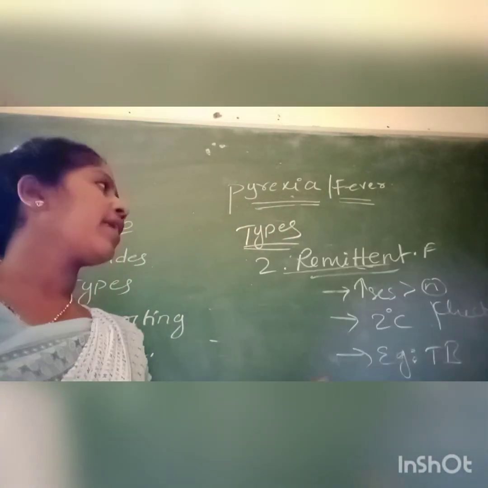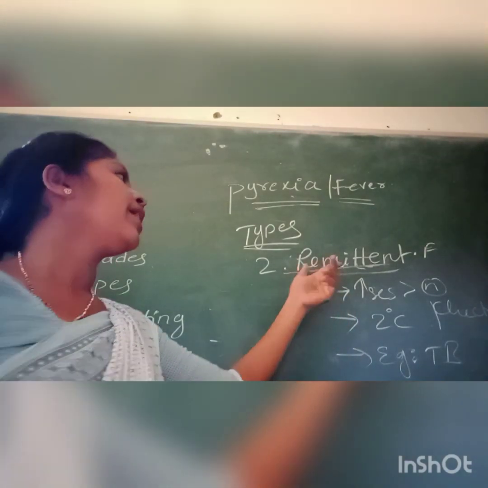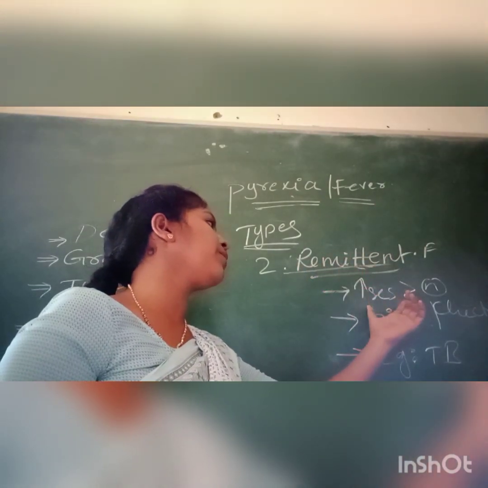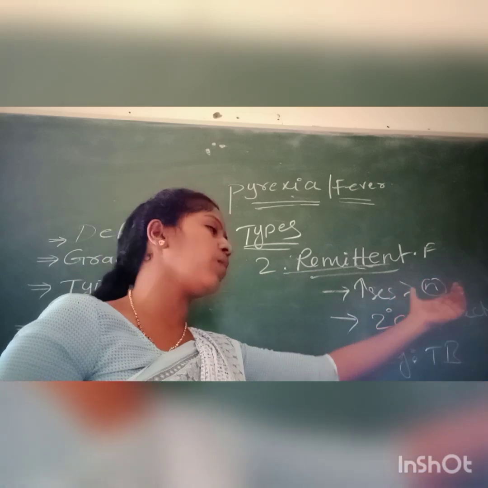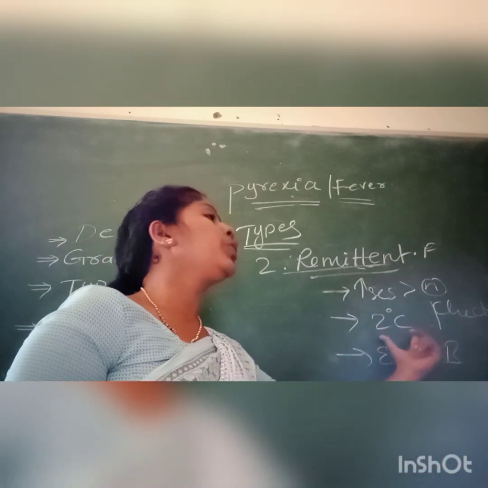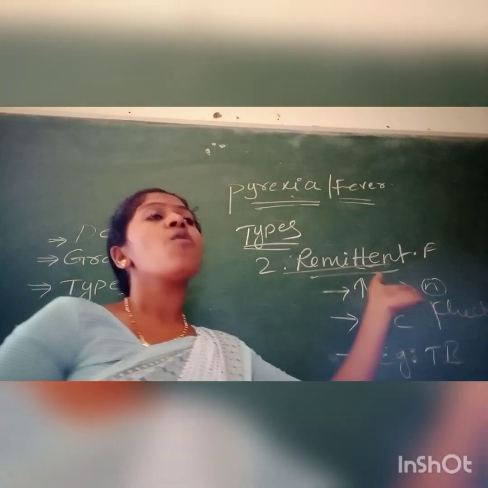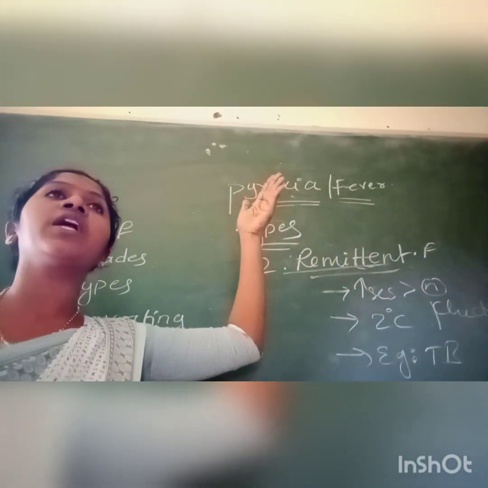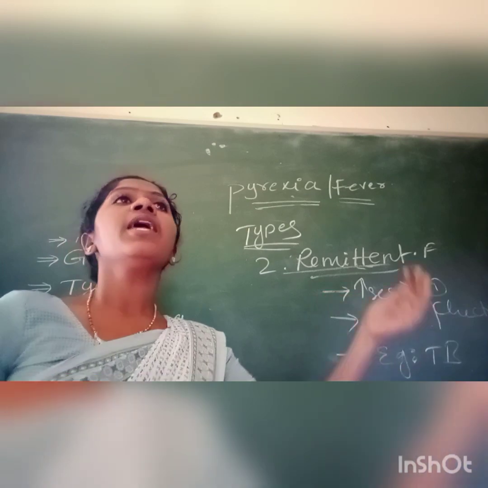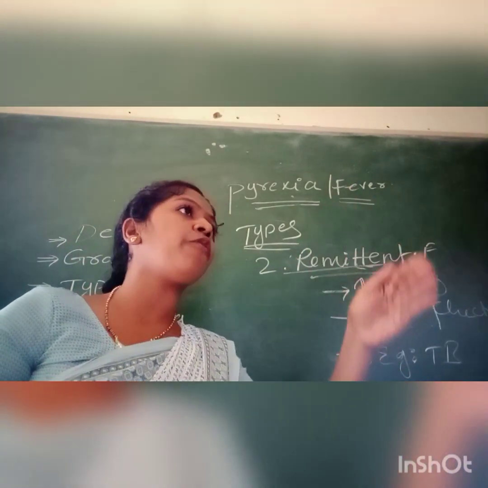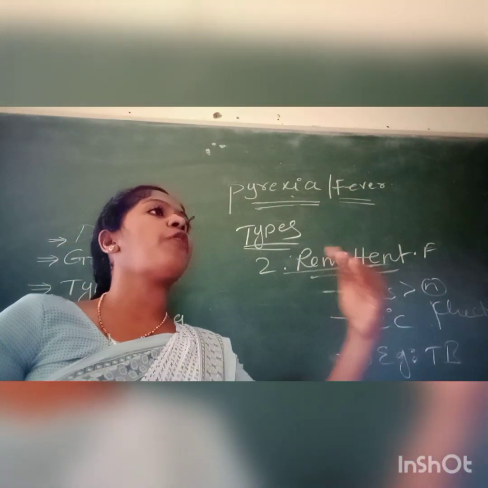The next type of fever, the second one, is remittent. Remittent fever increases more than the normal body temperature, with a 2 degree Celsius fluctuation. That means the morning temperature may be higher, and in the evening it falls down to 100 degree Fahrenheit.